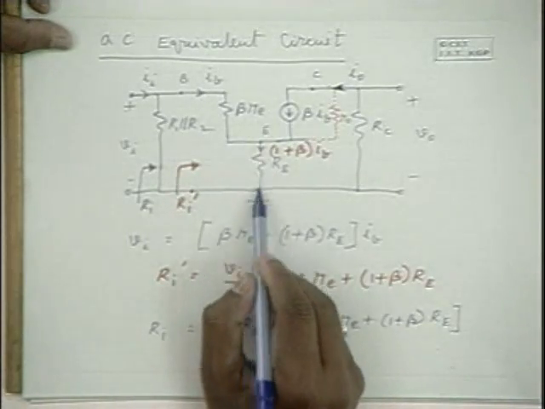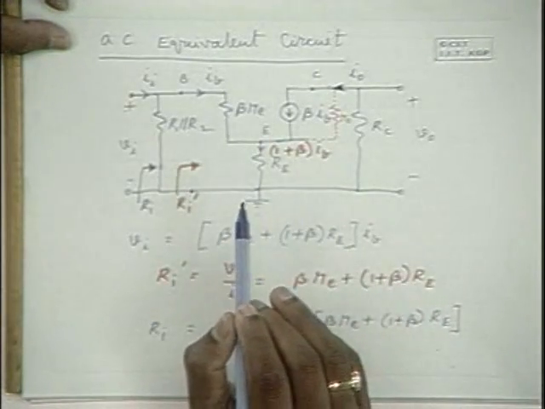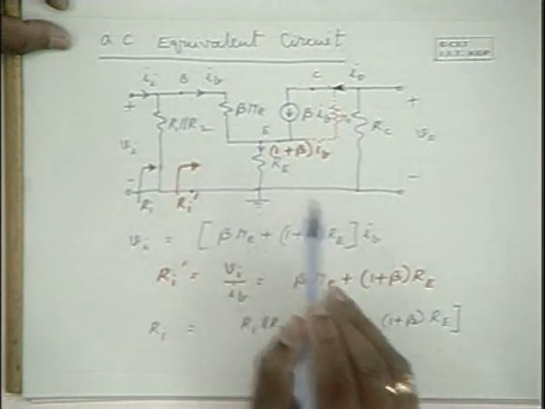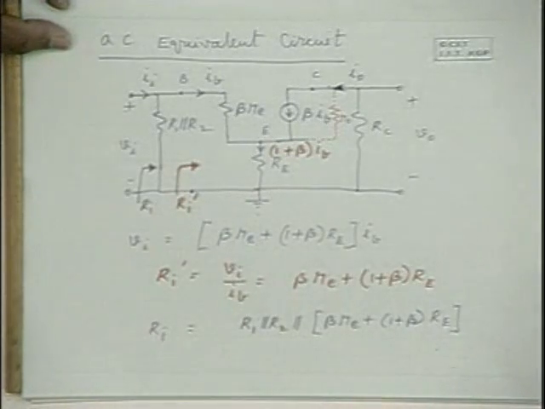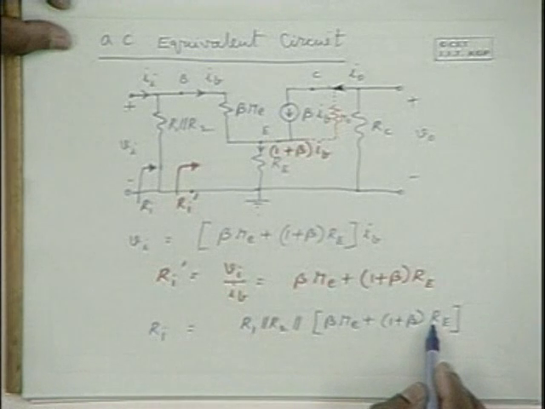And when you replace it by a short circuit, the analysis boils down to the same analysis which we have done in the previous class. Or alternatively, you can use the same expressions for analyzing the circuit. Please note that now RE will be replaced by 0.